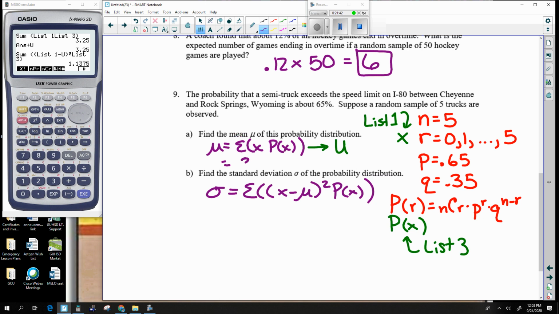So the mu was 3.25, and the sigma came out to be 1.1375. That's it.